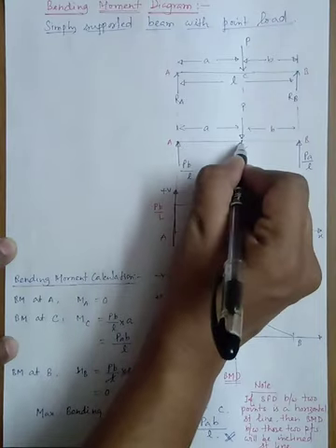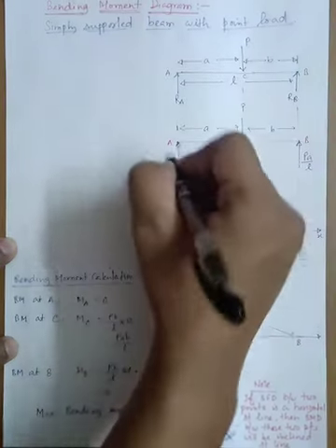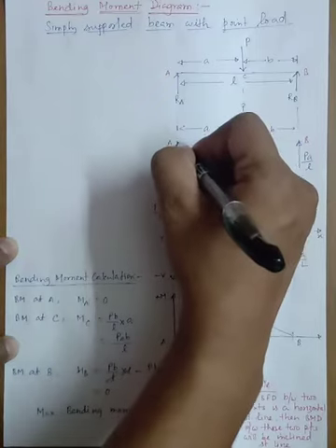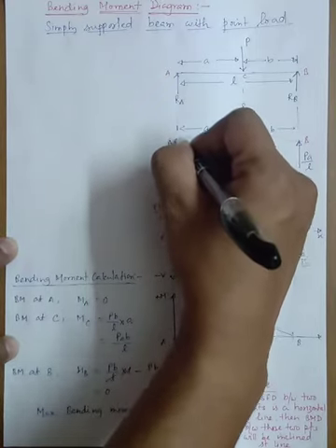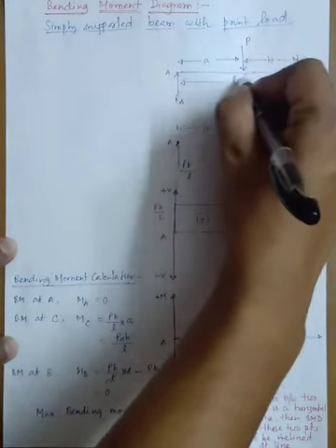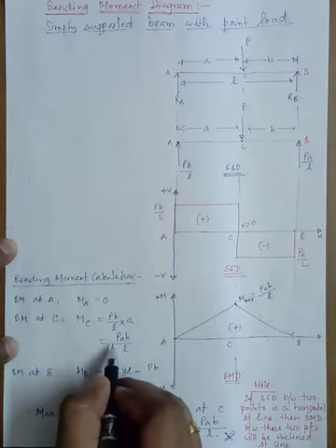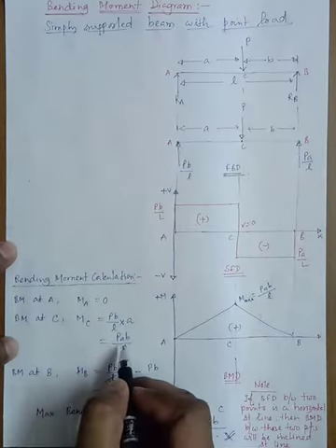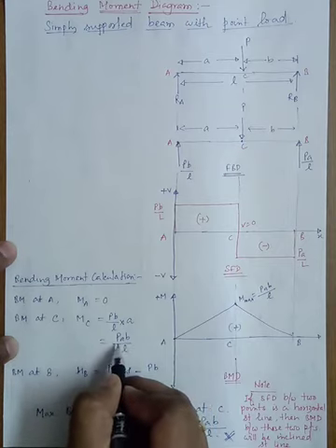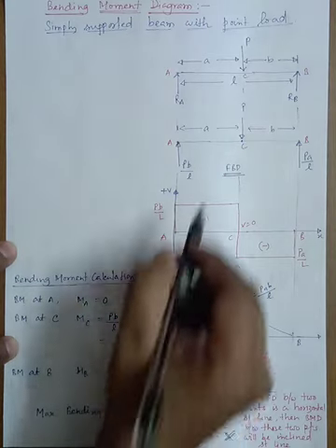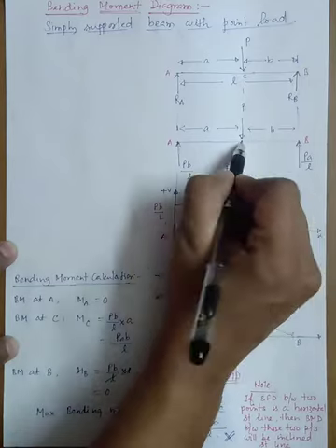It is a clockwise effect. This force will try to rotate in this direction with respect to this point, so it is a clockwise moment, that is why it is positive. If you go through the sign convention, it will be positive. So Pab/L will be the bending moment at point C.